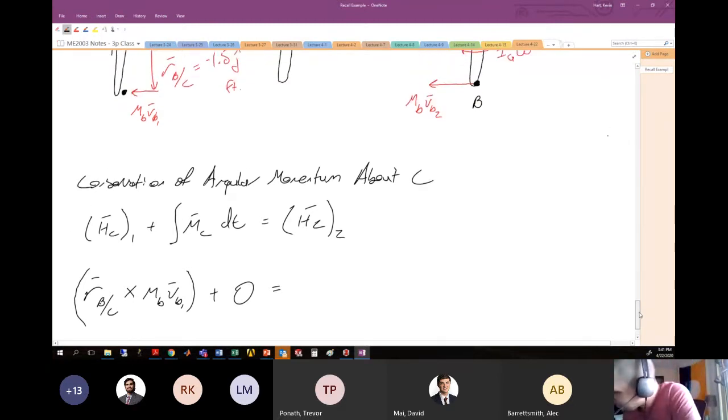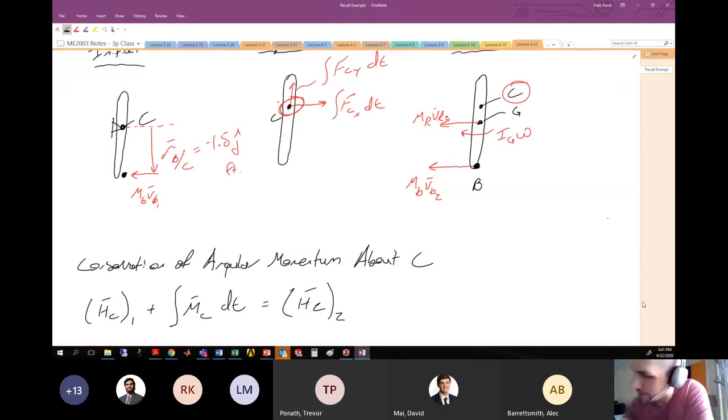Angular momentum about C, state number 2. We have a couple of different pieces that we have to worry about here. Okay, so again, here's point C. Now I need to worry about the angular momentum about point C that arises from the linear momentum of the rod about the center of gravity and the linear momentum of the bullet after it's been embedded in the rod at the bottom there. So I'm going to need 3 components.